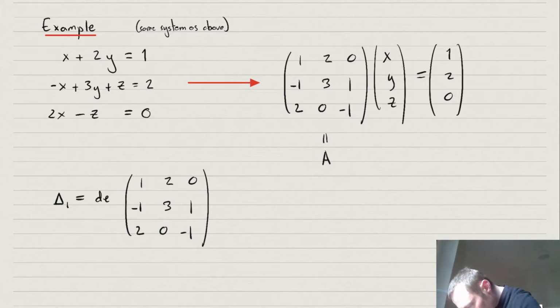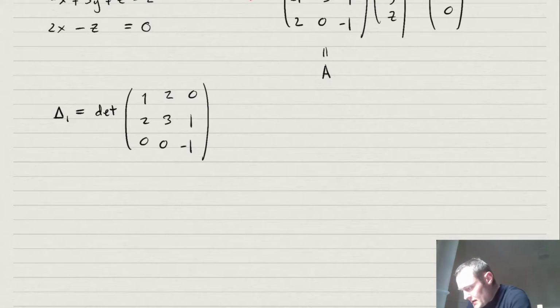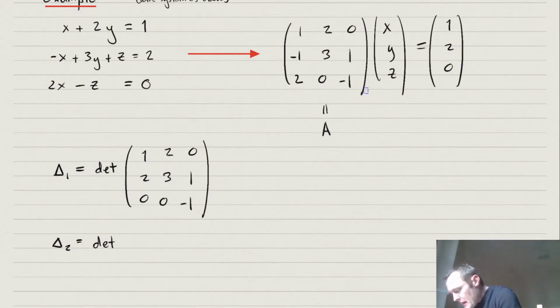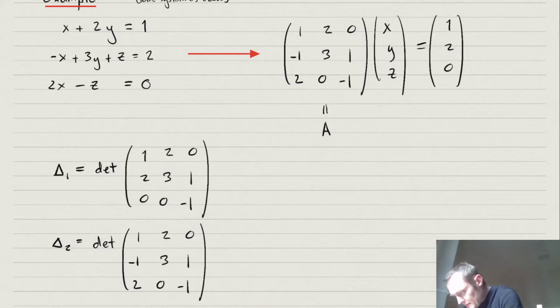So the determinant of A with the first column replaced with this vector. So like that. The second one is the determinant again of A, except this time with the second column replaced with the 1, 2, 0 x prime vector.